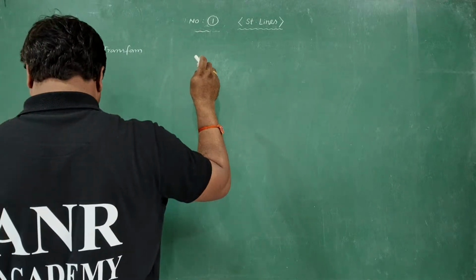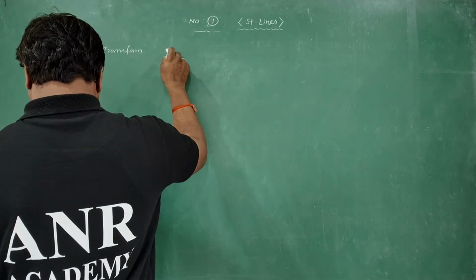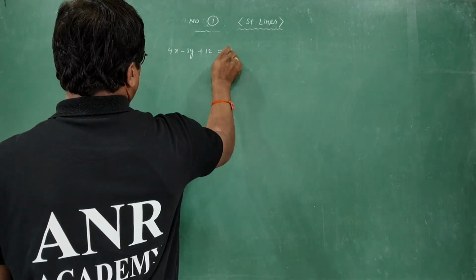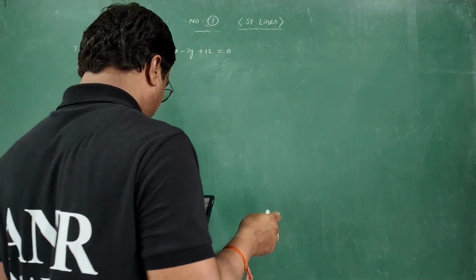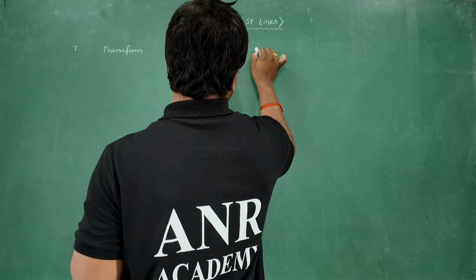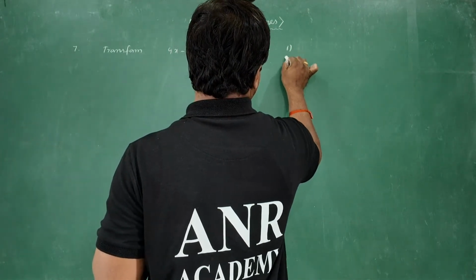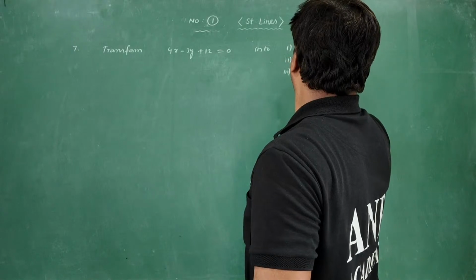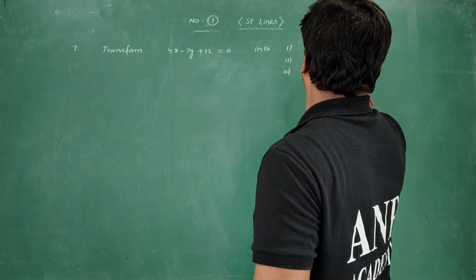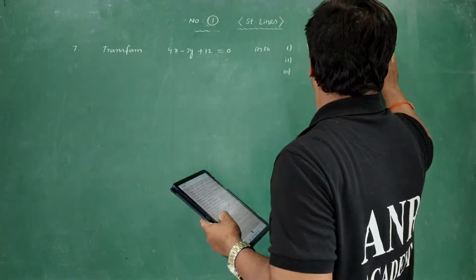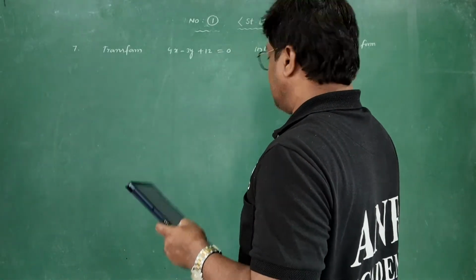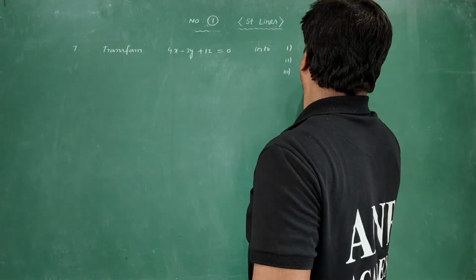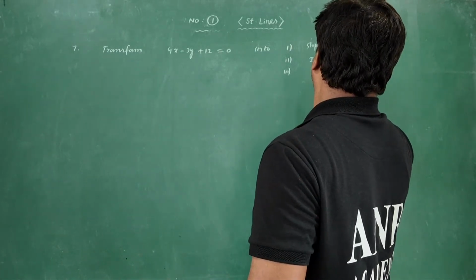Transform the equation 4x minus 3y plus 12 equal to 0 into first one, slope intercept form, next, intercept form, and then go for normal form.